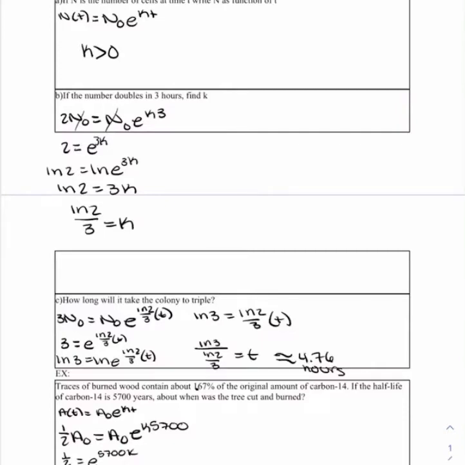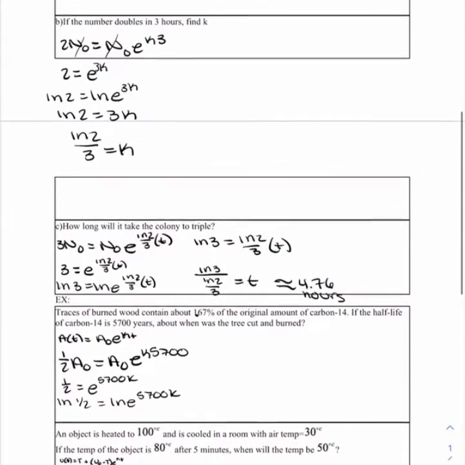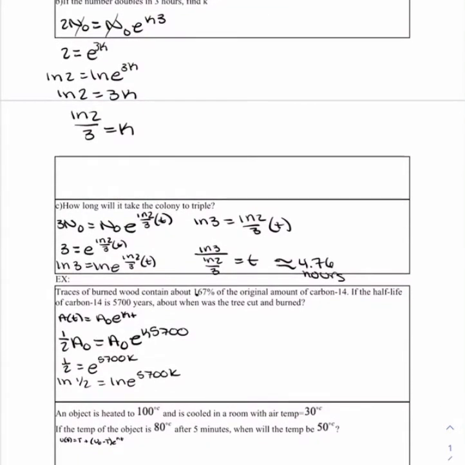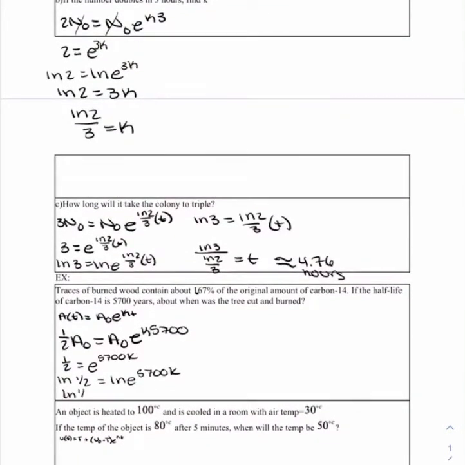Take the natural log of both sides. And then I'm going to get natural log 1/2 equals 5,700k. Divide by 5,700 on both sides, and I get k equals natural log of 1/2 divided by 5,700.